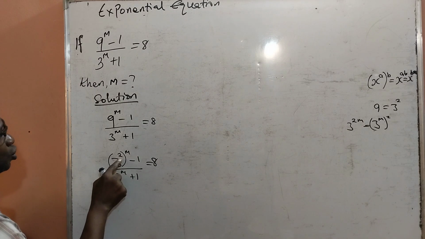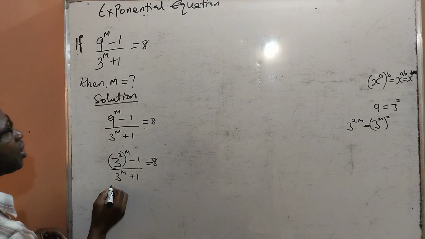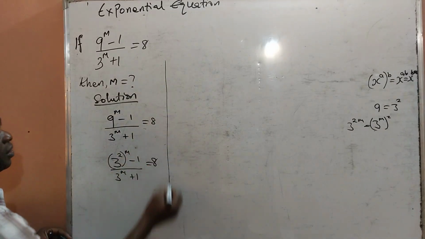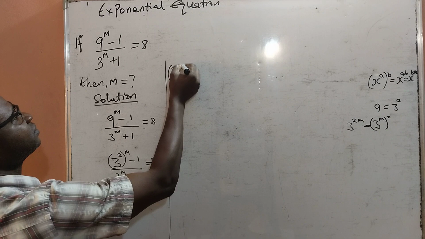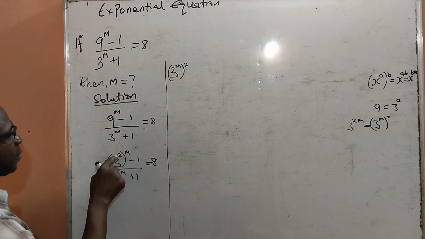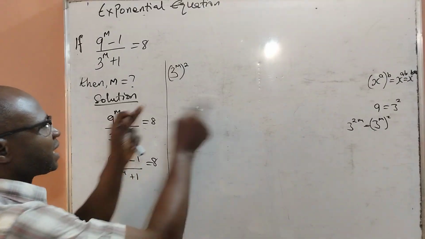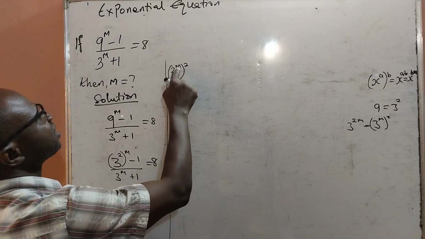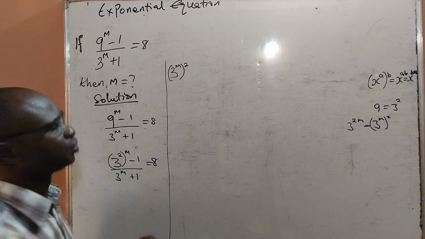That is what I'm going to do here by the left hand side at the numerator. And when that happens, what I will have will look like this: 3 raised to power n, then all to the power of 2. Very correct. That's 3 raised to power 2 times n, which is 3 raised to power 2n, and can be swapped since the commutative nature of multiplication is true.